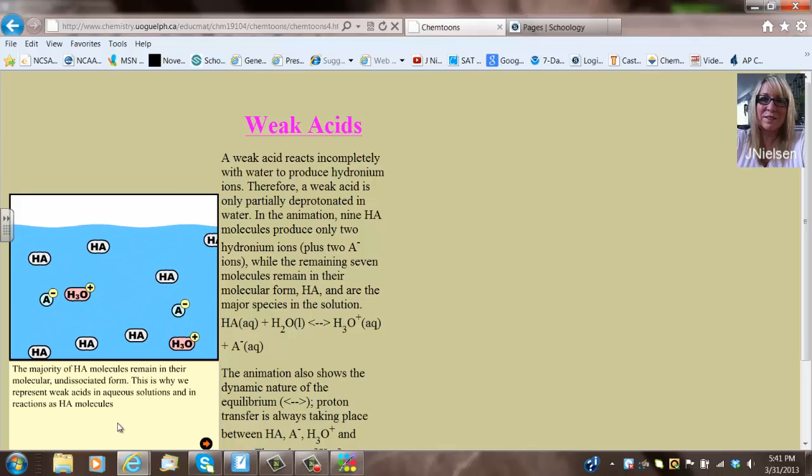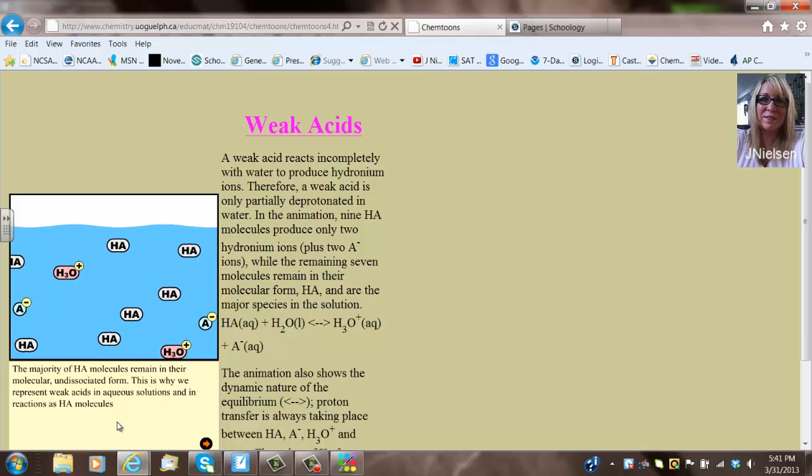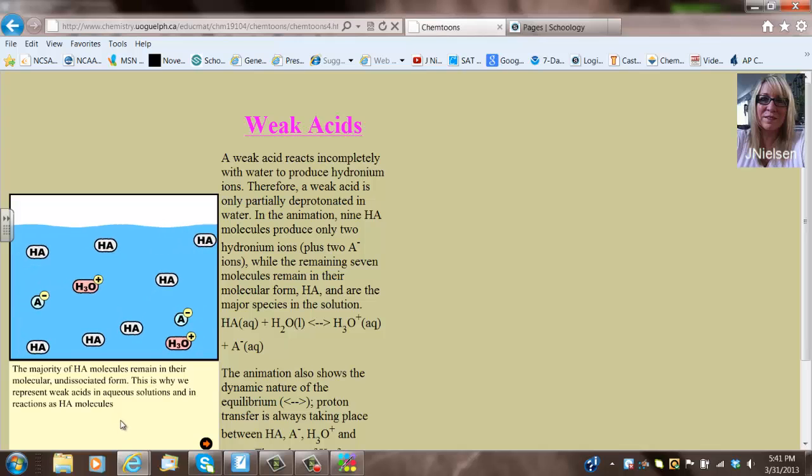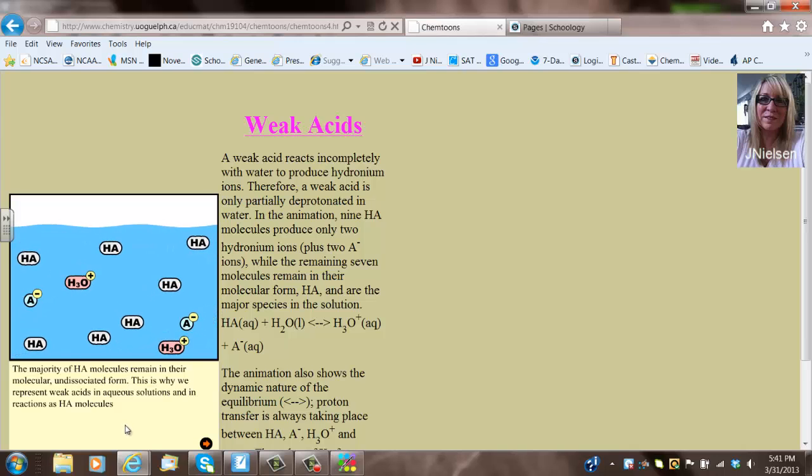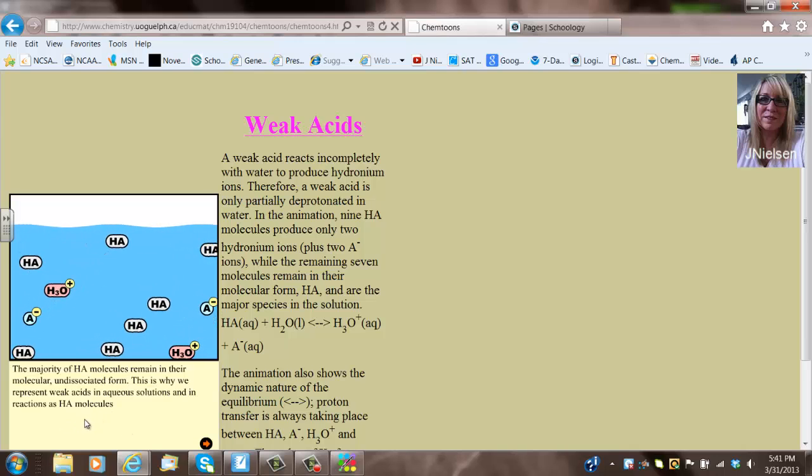In the description it says 9 molecules of HA produce only 2 hydronium and 2 anions, A-, while the remaining 7 remain intact and are the major species in solution. So the weak acids do not really dissociate in water.